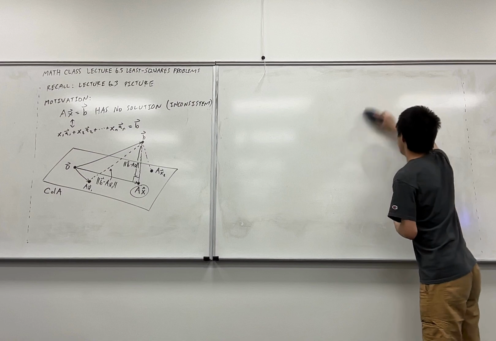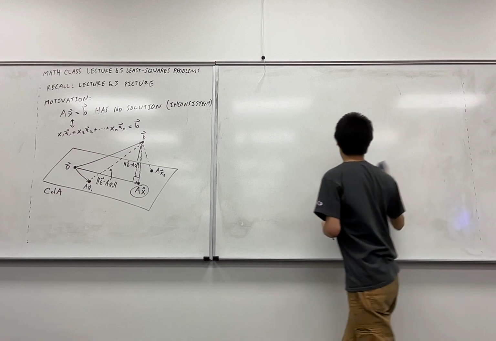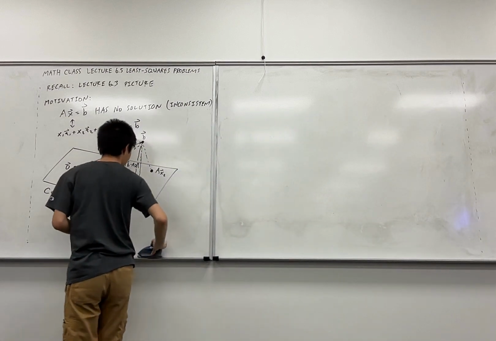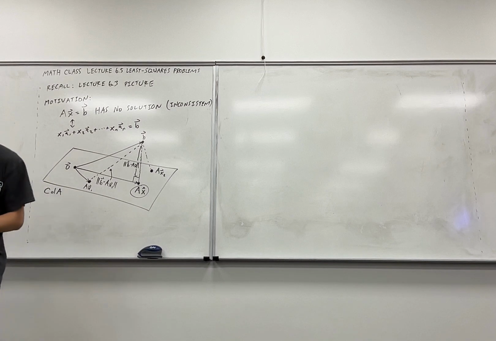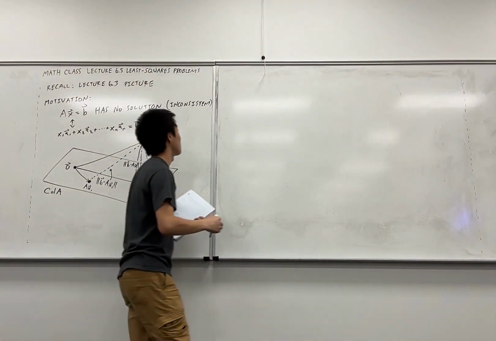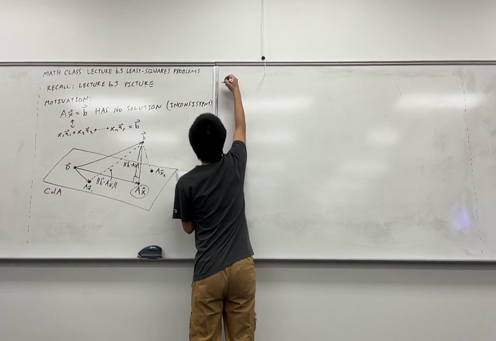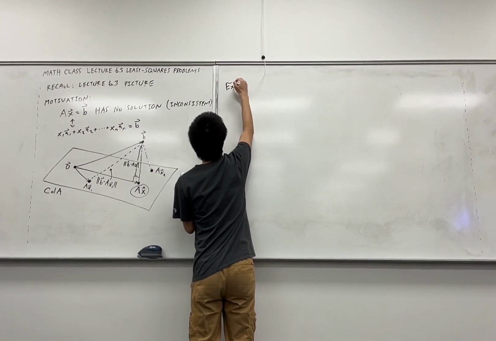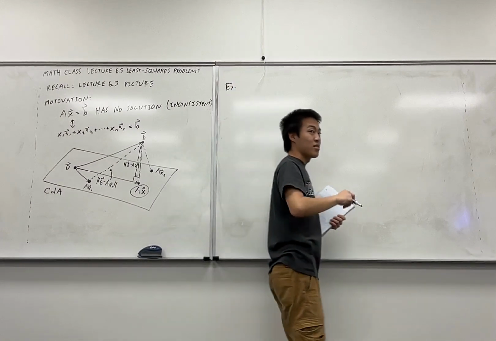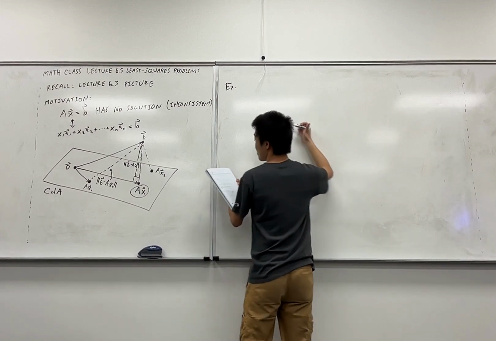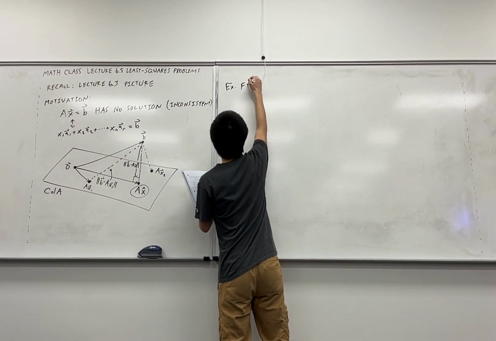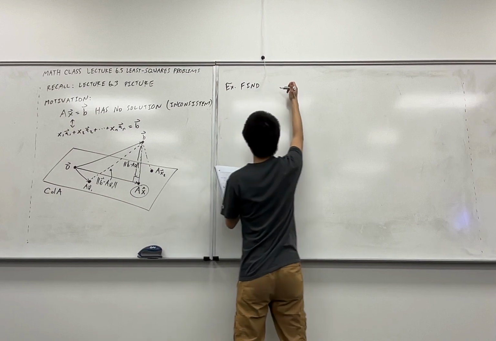Valley, what is our formula? A transpose times matrix A times the x vector equals A transpose times the b vector. Victory, what is our formula? We have A transpose A times the x vector equals A transpose times the b vector. Ms. Rowland, what is our formula? A transpose A vector x equals A transpose vector b.